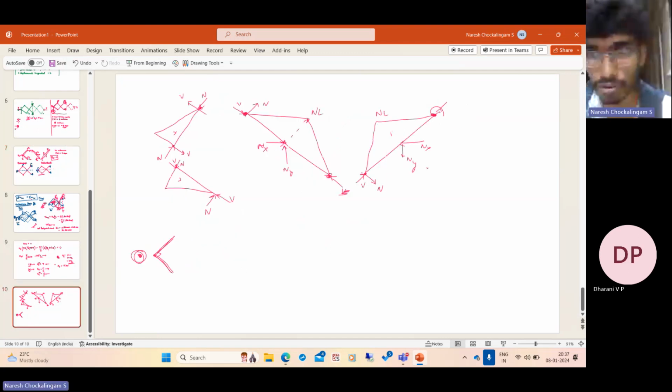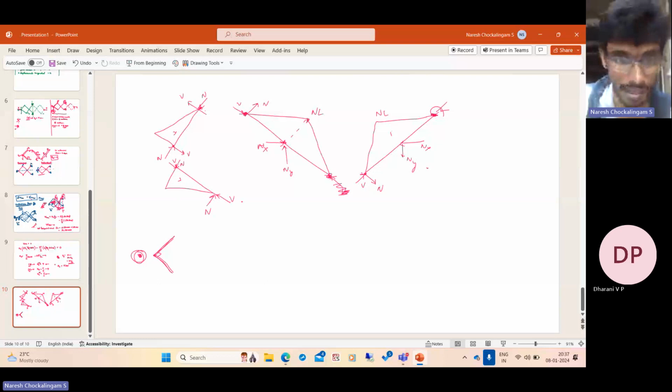Here you don't have any reactions at either of these points. Given this as the condition, you can directly solve and find out what these values should be. If you solve for that, you can get the pin forces.